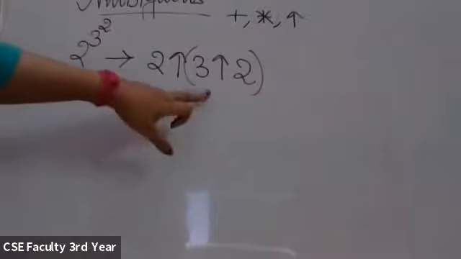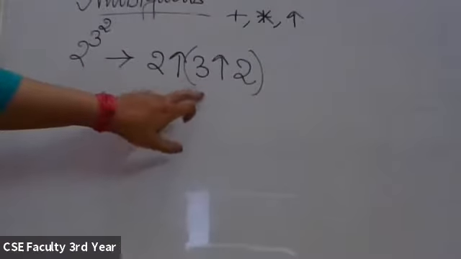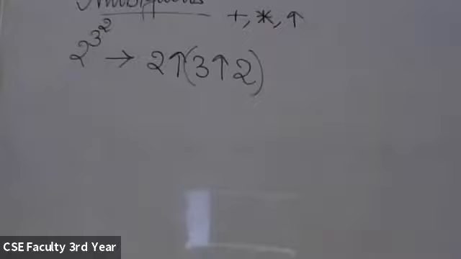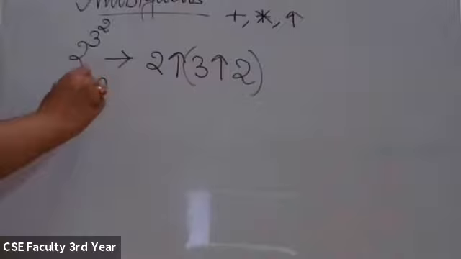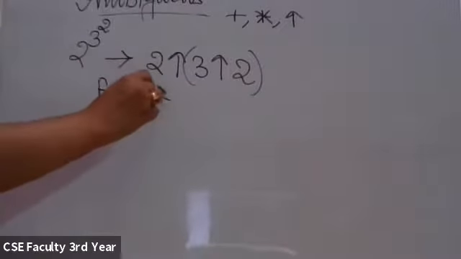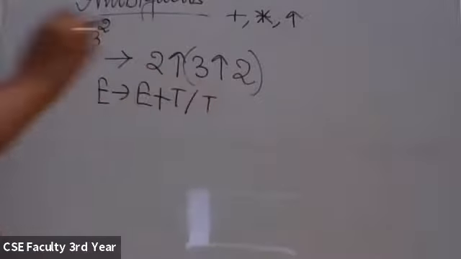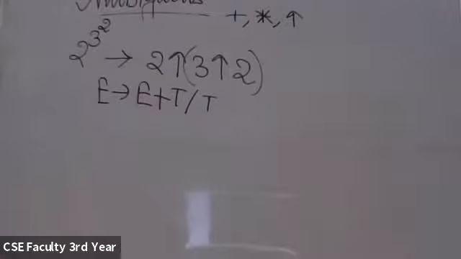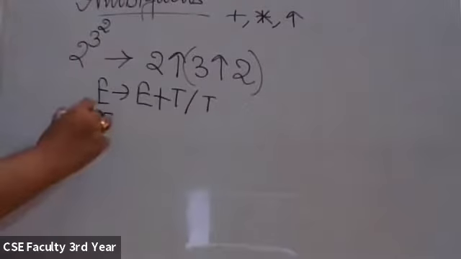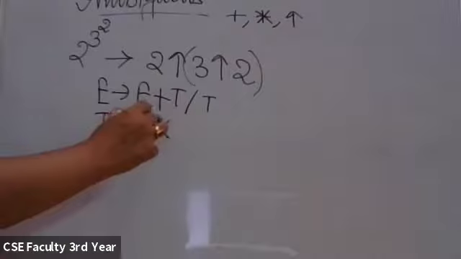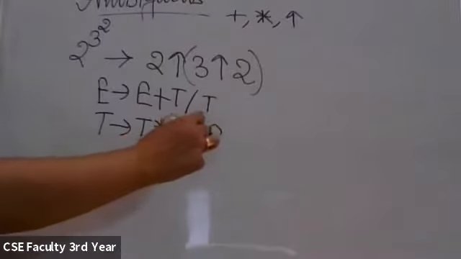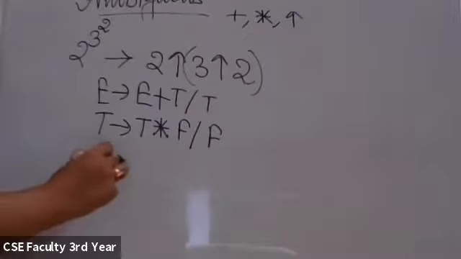And secondly, this is not left associative, this is right associative. We have to keep this in mind. So now that we know both of these, the associativity as well as precedence, we can modify this particular grammar. Let us see how we can do it. So E derives E plus T or T. If there is addition in the input, then we need this. Next is T derives T into F or F. Now, can you tell me how to write this?